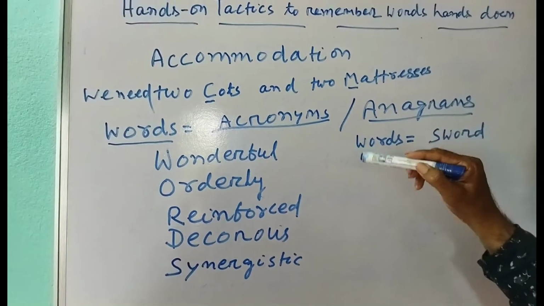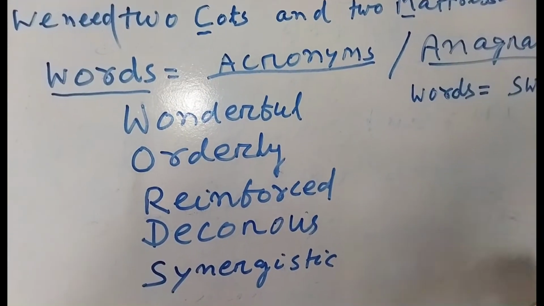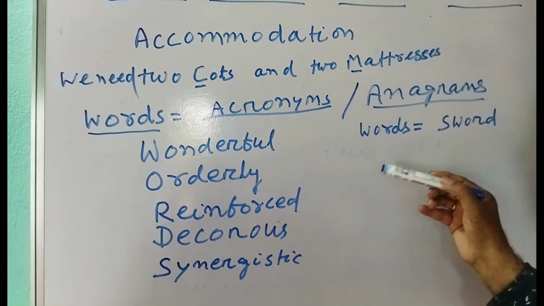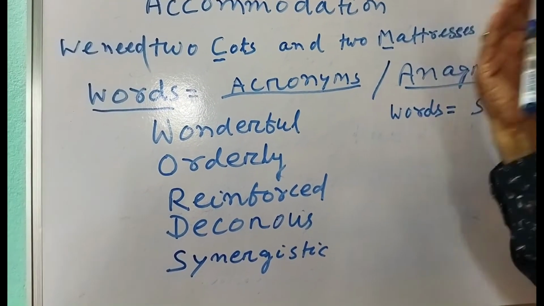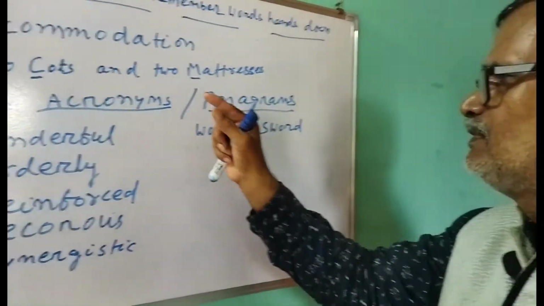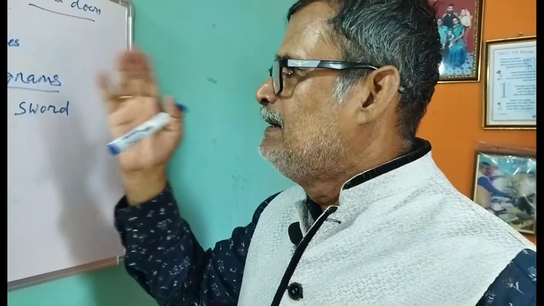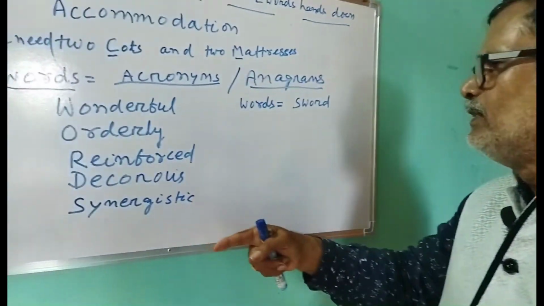F stands for faith, L for loyalty, O for orderly, W for wonderful, E for enthusiasm, R for reformation. Even on teacher, you frame acronyms, T for transparency, something like that. When you practice, try to form acronyms for every word, and you can do it.